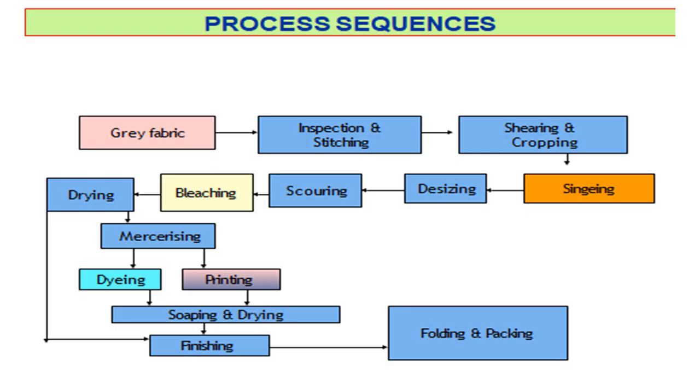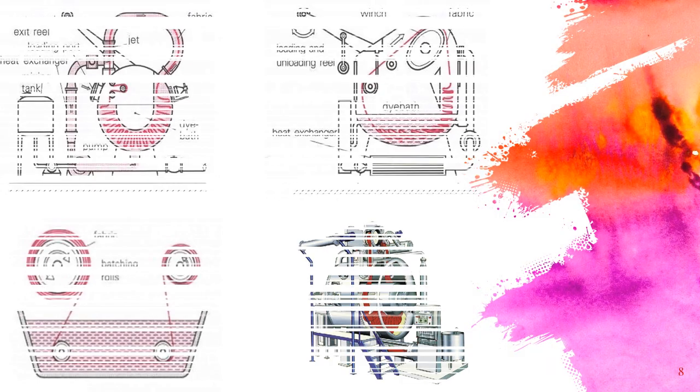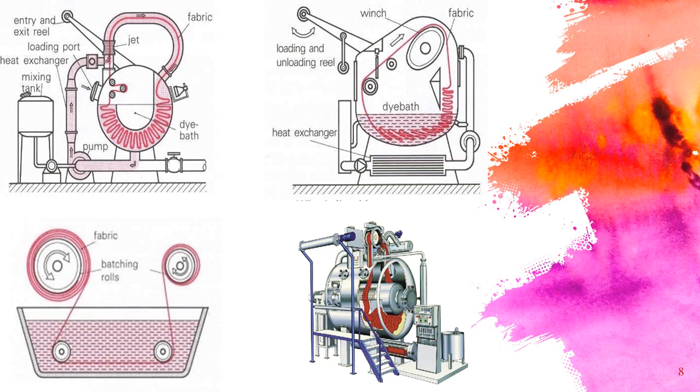The sequential arrangement differs based on the type of the dyeing process. These are the various machines that are used in different types of dyeing process.